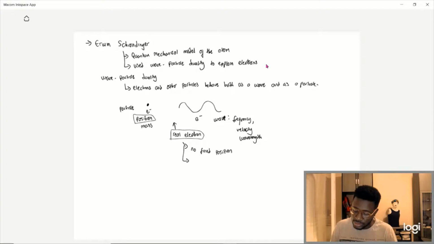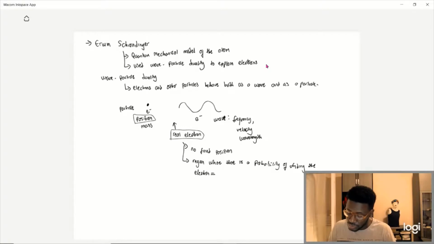Instead, you see the electron as having a region where there is a probability of finding the electron. And this region is called the orbital. So I'm going to write it again.